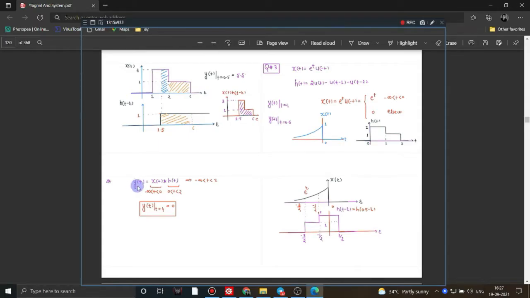It is not possible. As you can see here, x(t) has a range of minus infinity to 0, and h(t) has a range of 0 to 2. So there is no intersection time period between both of them. So we cannot find the resultant, and hence at t equal to 4, y(t) is 0.